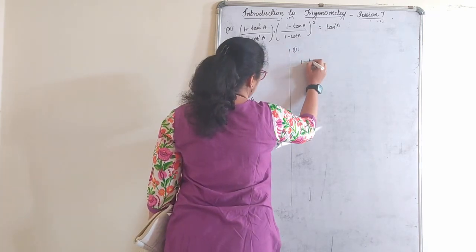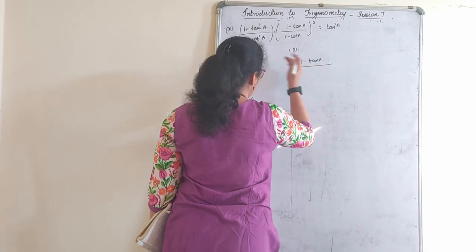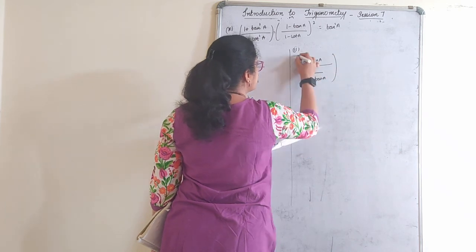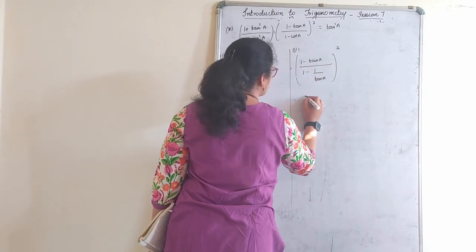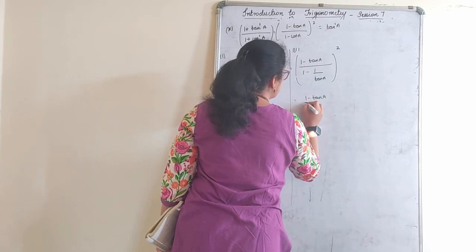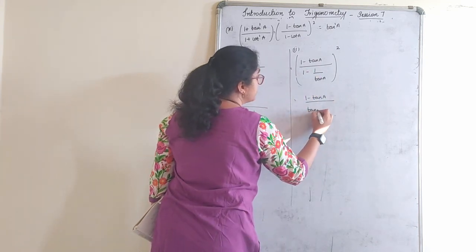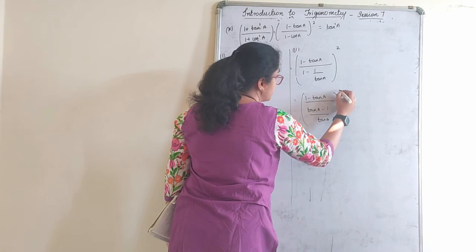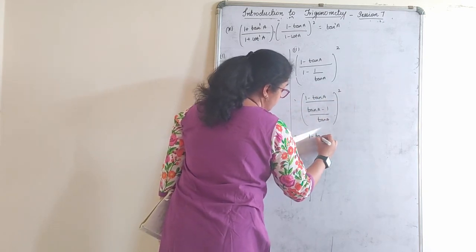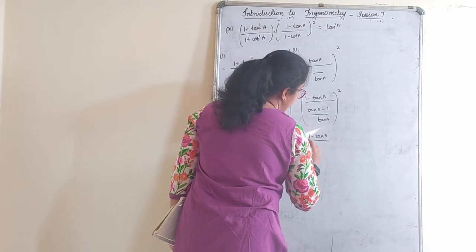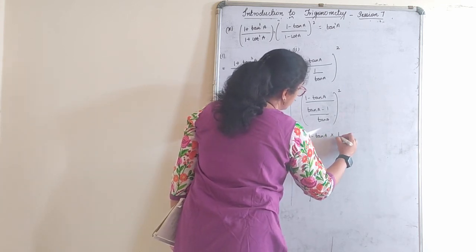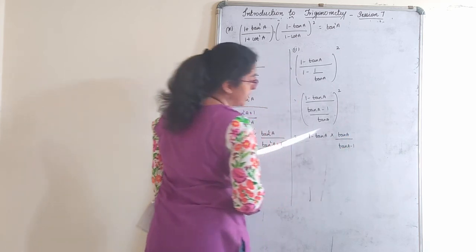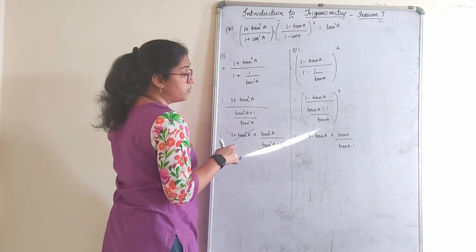So 1 minus tan A upon, same approach we will give it. 1 minus 1 upon tan A whole square. 1 minus tan A divided by tan A minus 1 upon tan A whole square. 1 minus tan A divided into tan A upon tan A minus 1. Now, it is tan A minus 1, 1 minus tan A.